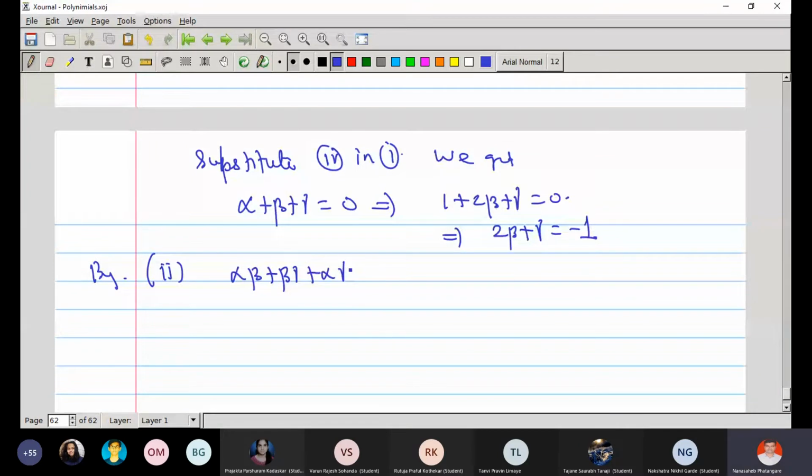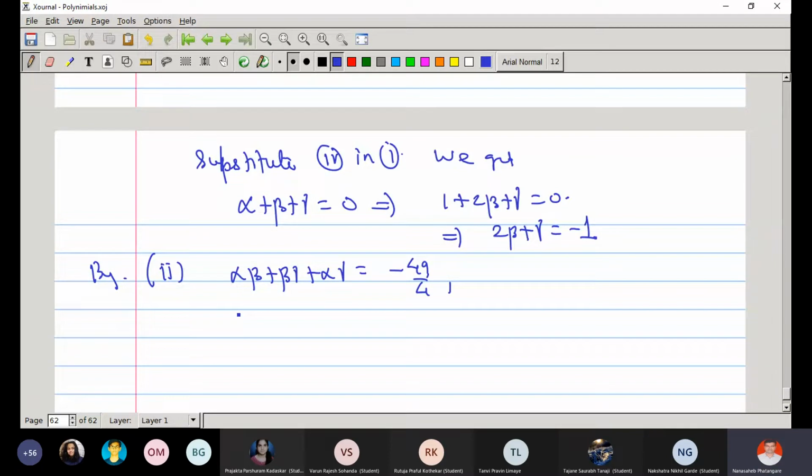So here, substitute alpha is equal to 1 plus beta.